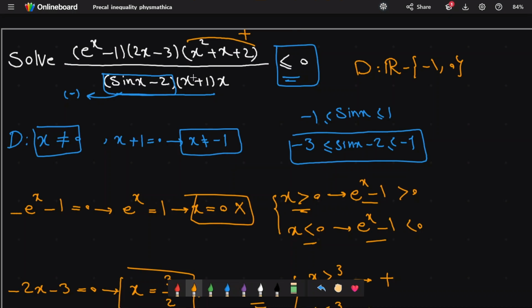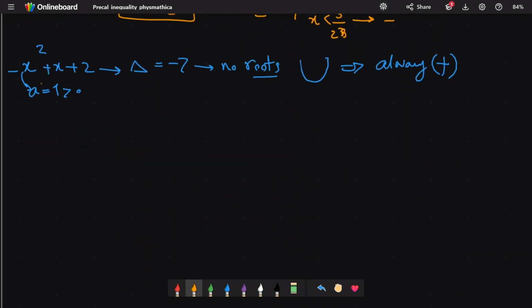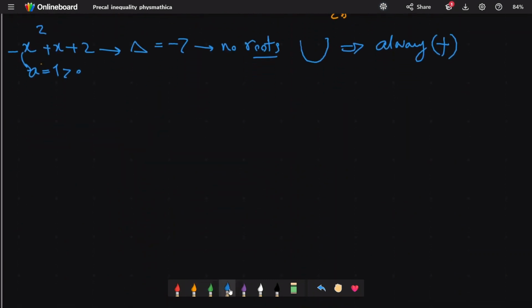So now we have four factors that we have to find and think about when we are dealing with the ranges. So now we did that. Let's take a look at the denominator again, which we really don't have to, because we have x equals 0 from the denominator, and from here we can simply say that when x is positive, this sign is positive, and when x is negative, this sign is negative.